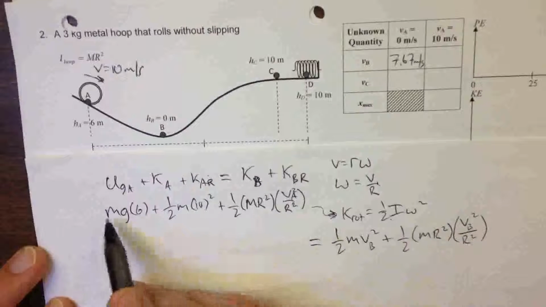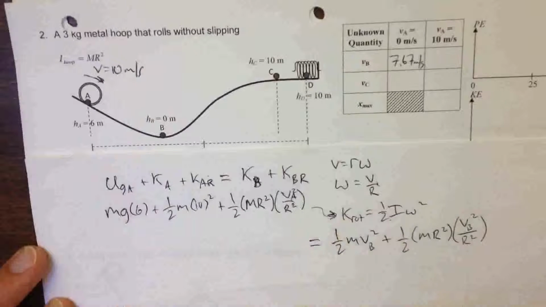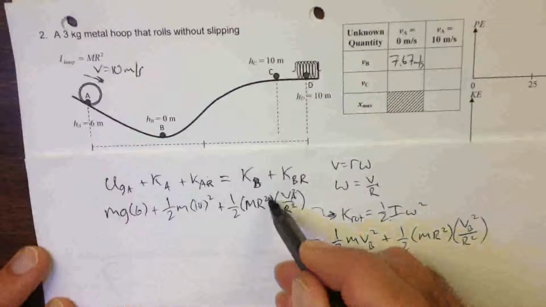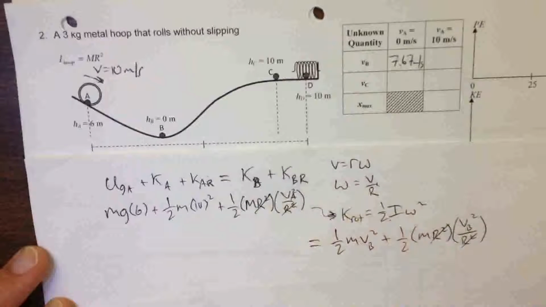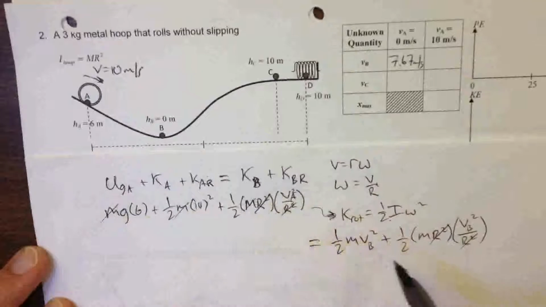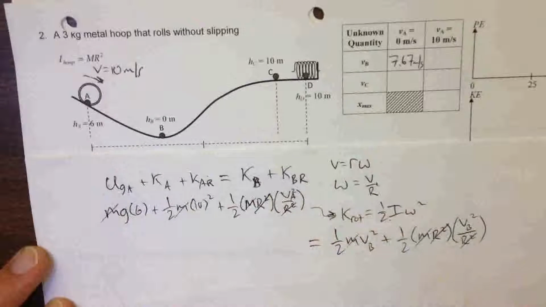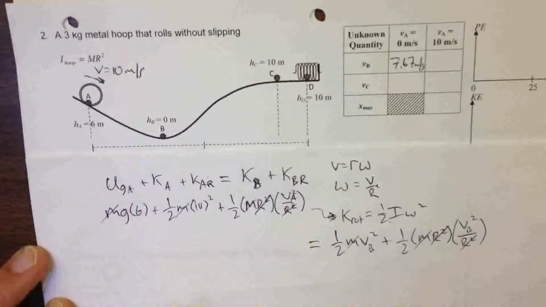We're going to have some masses cancel and some other things cancel out of this. The R squareds will cancel. Thankfully that gets rid of those values. Masses cancel throughout, because if we divide one side by m, divide all the terms by m.